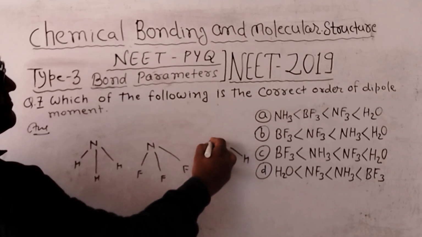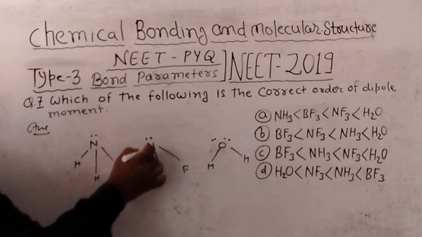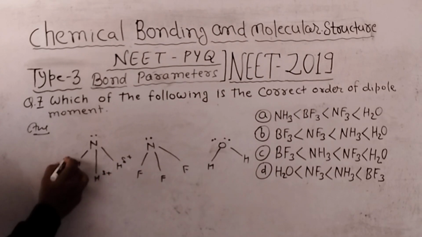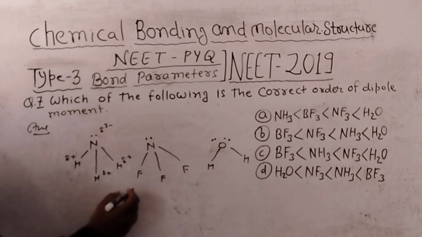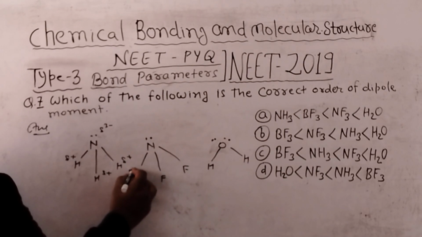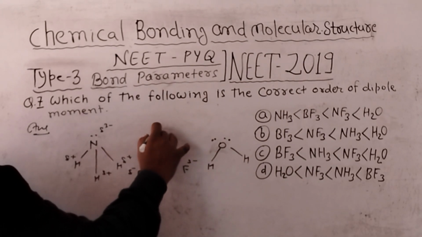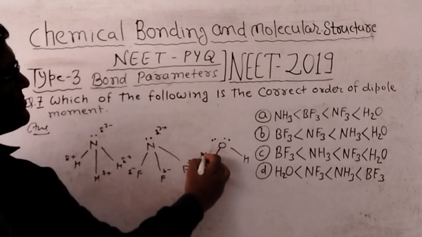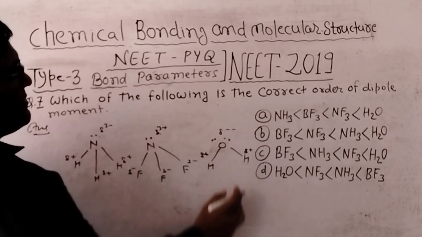Now here delta plus, here delta plus, here delta 3 minus, here the charge is delta minus, here delta 3 plus, here delta plus and delta double minus.